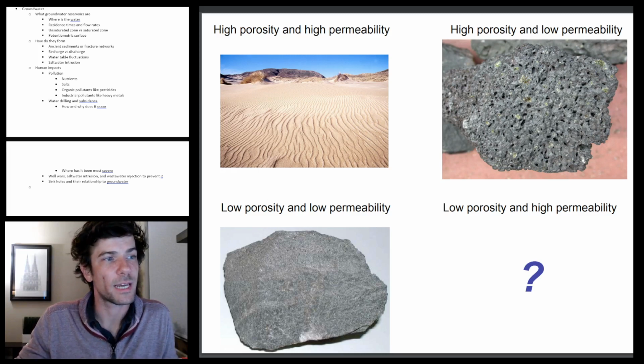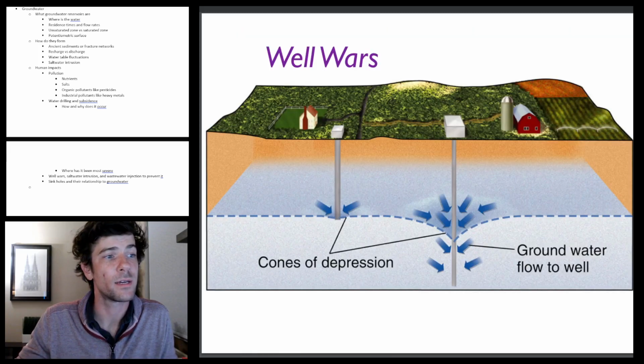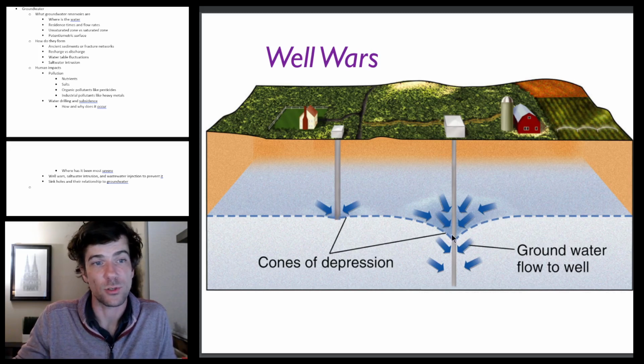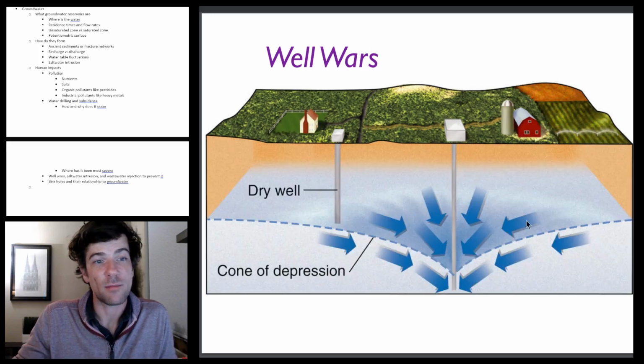In any case, aquifers are where water exists within those pore spaces, wherever that may be, beneath the water table in the saturated zone. You can drill into that and pump water out. If you do that, it will cause the water table to go down, creating these cones of depression, and over time that can lead to problems.